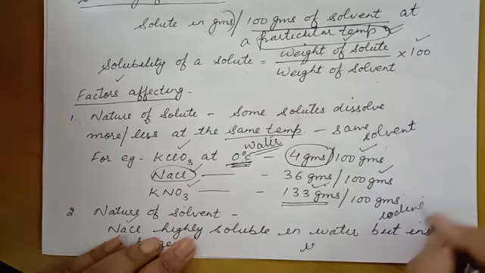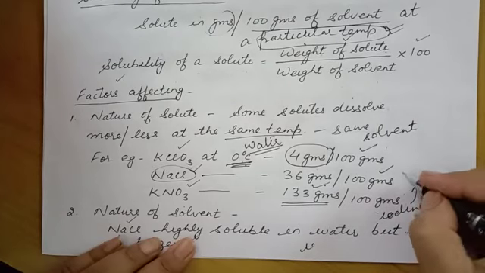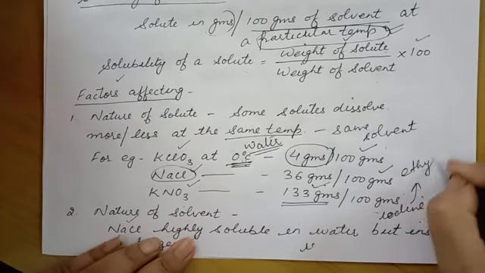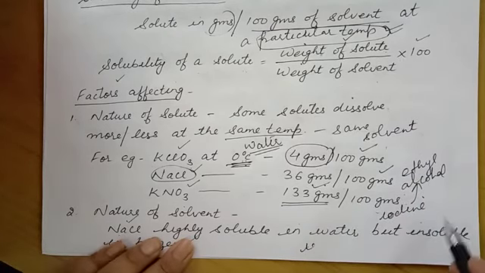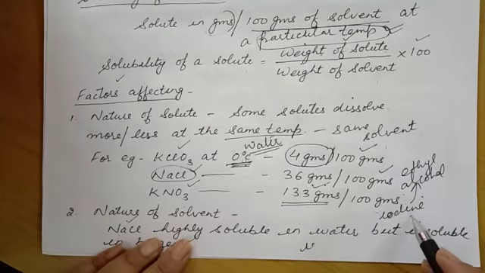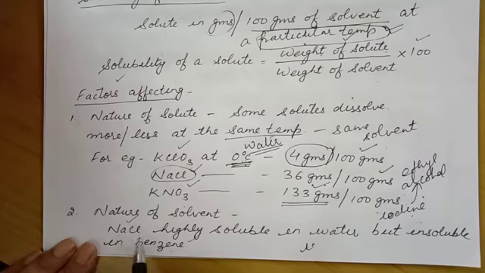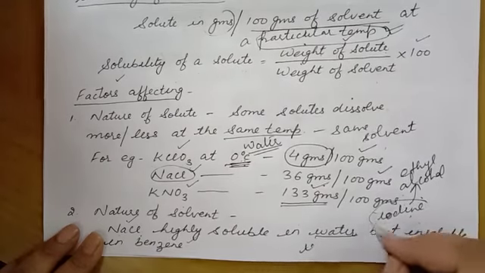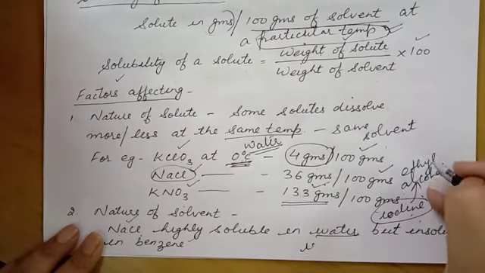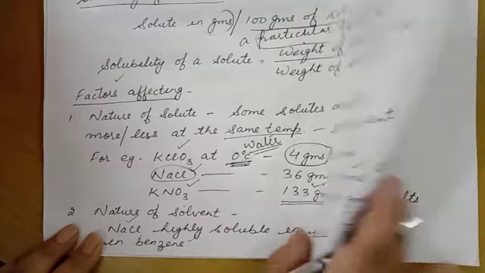Iodine is highly soluble in ethyl alcohol, but it is insoluble in water. So for sodium chloride, the best solvent is water, and for iodine, the best solvent is ethyl alcohol.